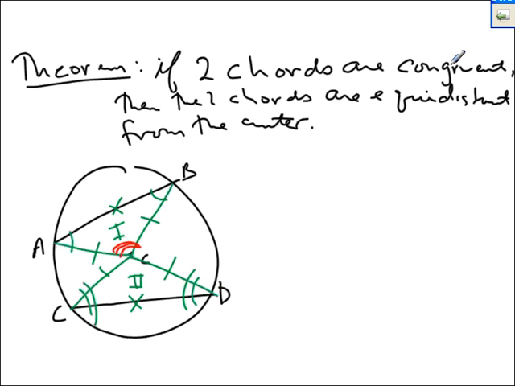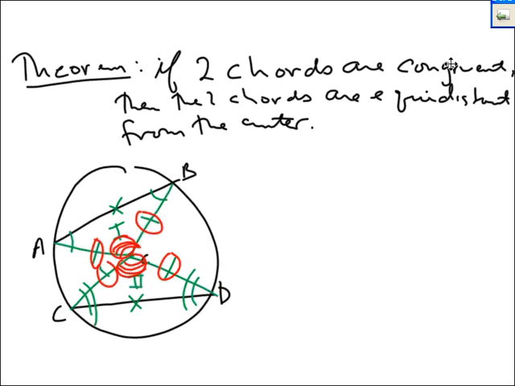Opposite angles are in fact equal. So those two angles are equal to one another. Okay, so now by side, angle, side, congruent to side, angle, side, triangle 1 and triangle 2 are congruent.